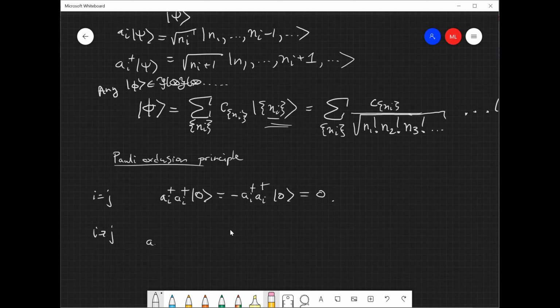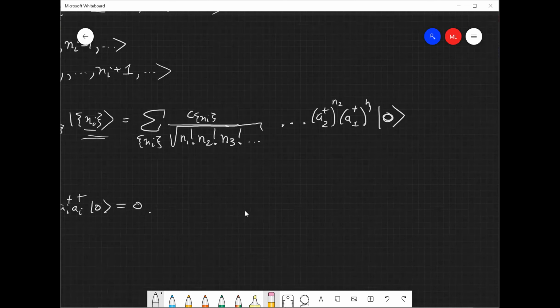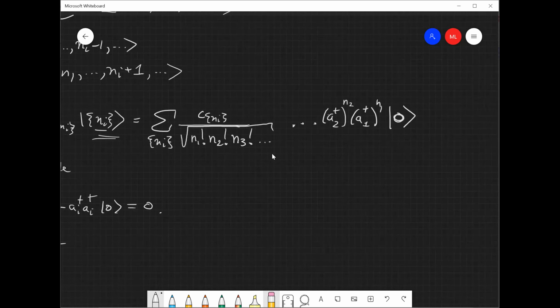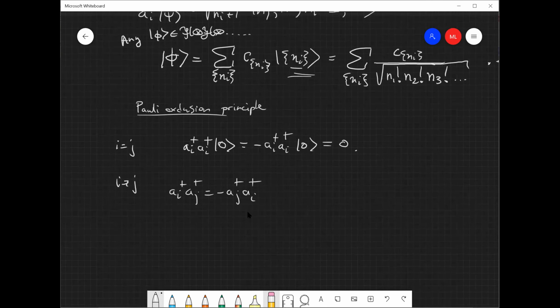You know that a_i dagger a_j dagger is equal to minus a_j dagger a_i dagger. So when you first list your single particle states, like here, 1, 2, 3, you have to pick some convention for listing them, because if we flip that convention, then your wave function will pick up a minus sign.